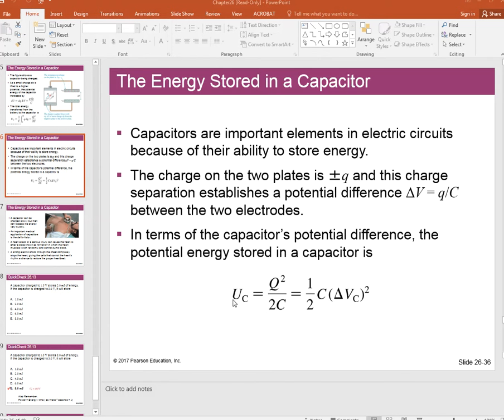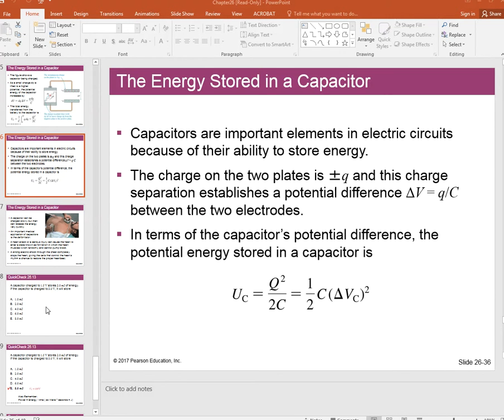Last time we took a look at the amount of energy stored in a capacitor between two plates, and we saw that we could write it one of two ways. We could write it as one half the charge squared per capacitance, or as one half the capacitance times the voltage drop across the capacitor squared. In any case, we have this kind of square dependence.